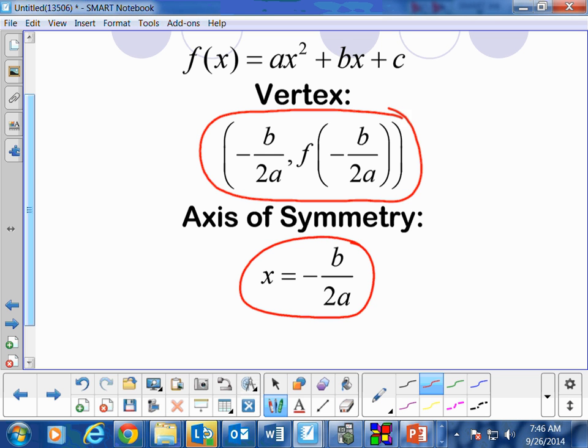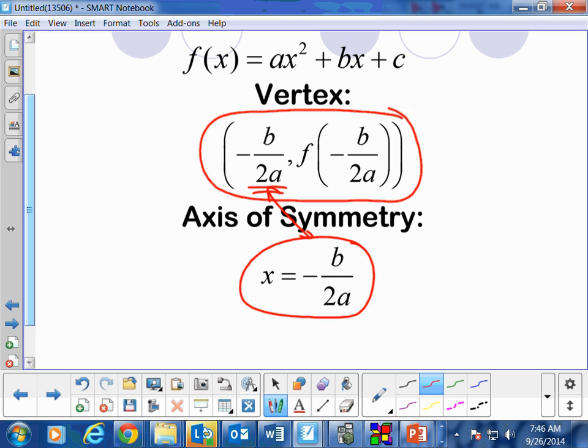Now one thing I want you to keep in mind: see how that and that are the same equation? That means if you're looking for the vertex, the first value, the x in the vertex, will actually also be your axis of symmetry. So sometimes if you have to find the vertex, you automatically find the axis of symmetry because they are the same equation.